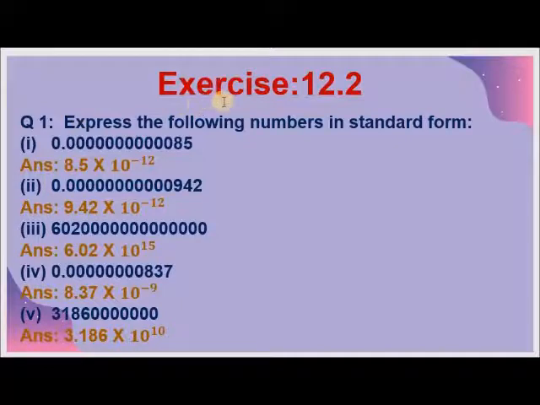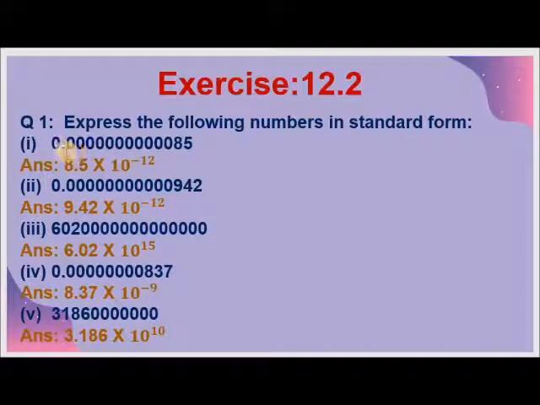So exercise 12.2, question number 1. Express the following numbers in standard form, and our first part is 0.0000000000085. To express this in standard form, write what we have discussed. We have to write the number between 1 and 10.